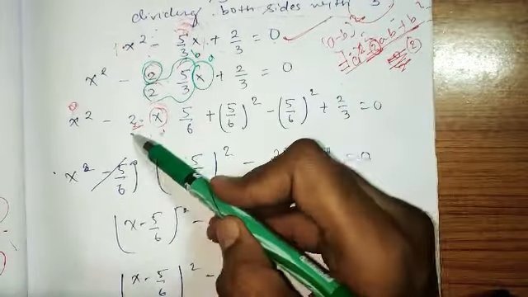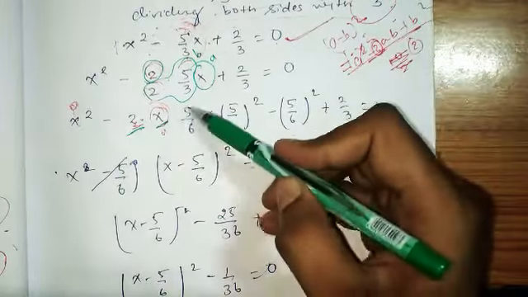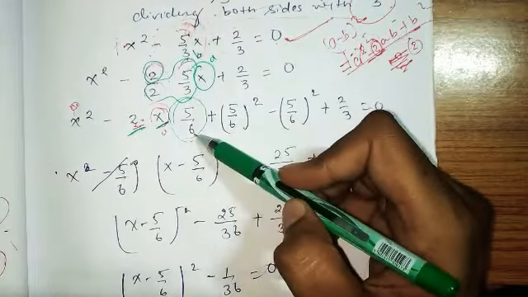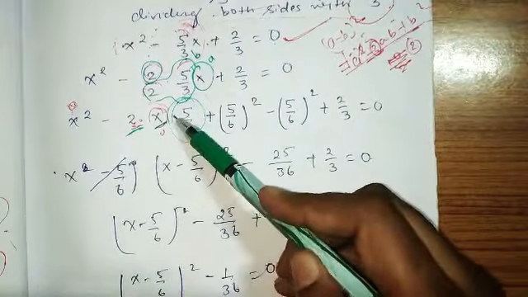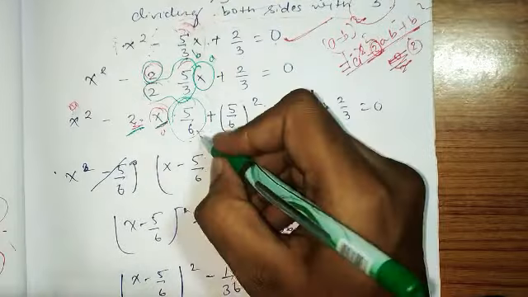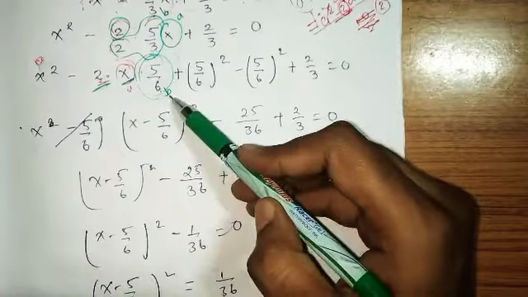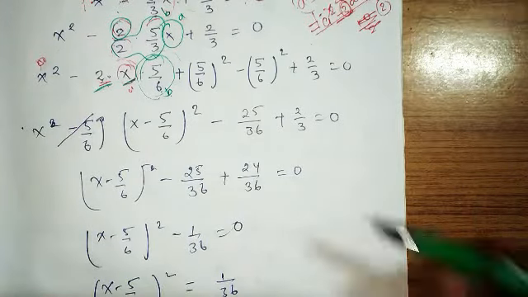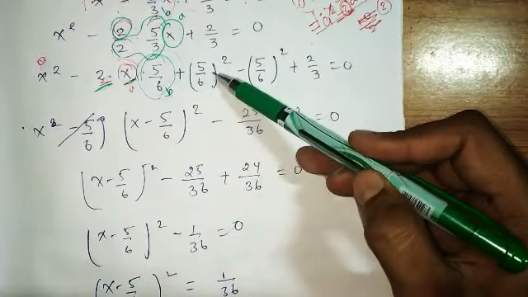So this is 2 and this is a, and the leftover term, that is 5, and 2 3s are 6. So this is 5 and this is 6. Okay, 5 upon 6 is the value of b. So the value of b is 5 upon 6. Now what you have to do, you have to take plus b square, right?